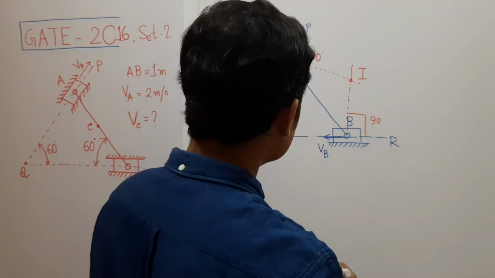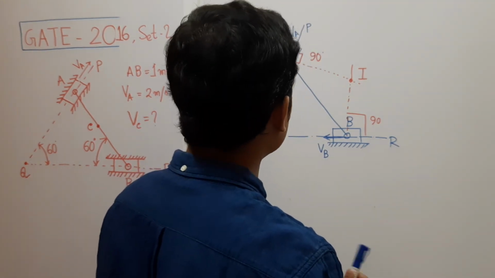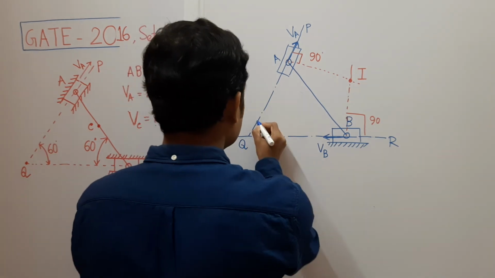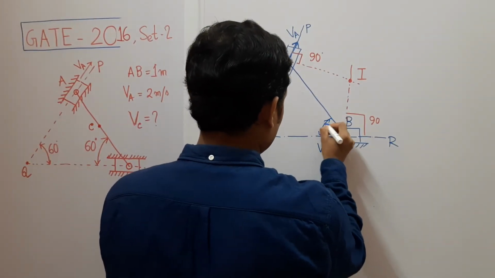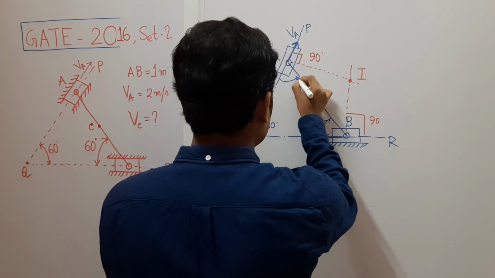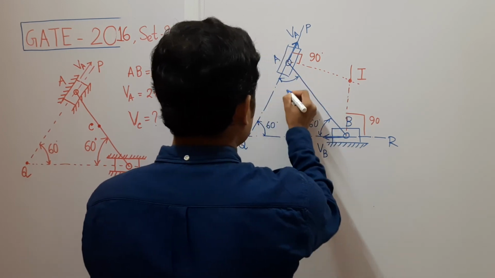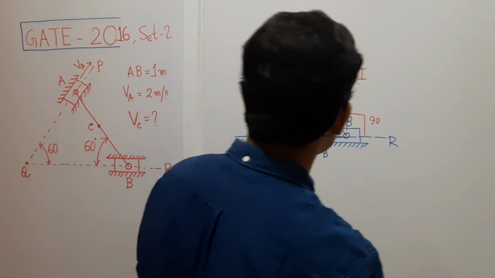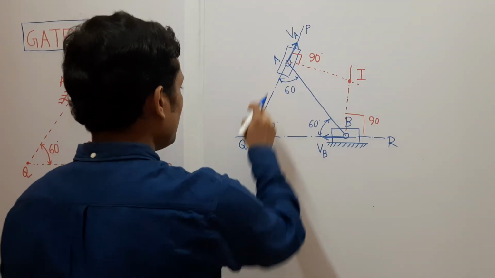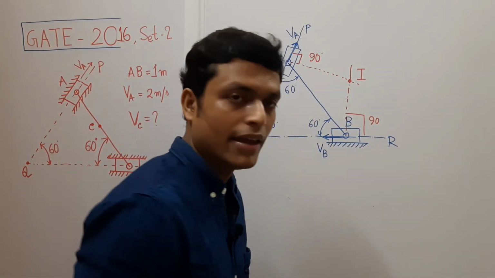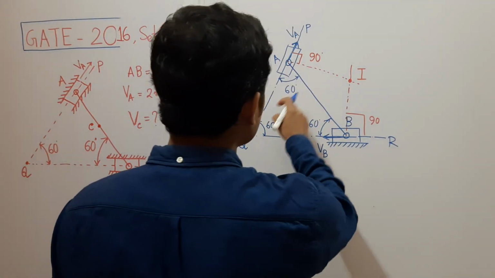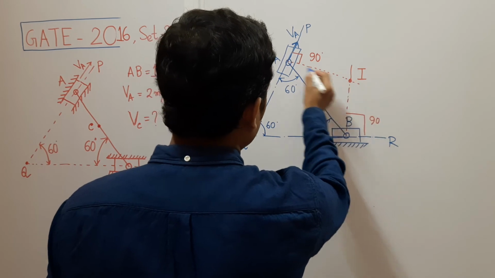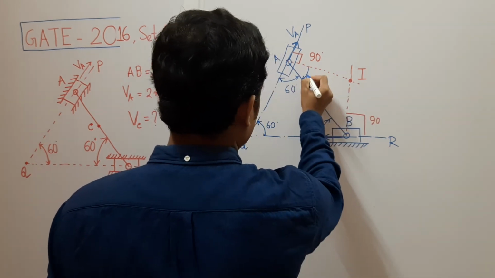It is given that this angle is 60 degree and this is also 60 degree. So the remaining angle of the triangle is also 60 degree. So the triangle is an equilateral triangle at this instant. So if this is 60 degree, then angle IAB becomes 30 degree.